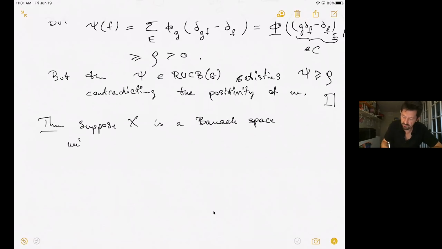Uniformly embeddable into B of E for a super reflexive space.